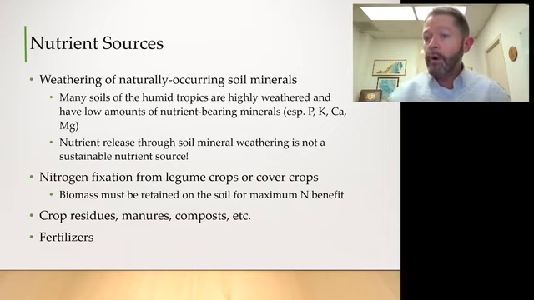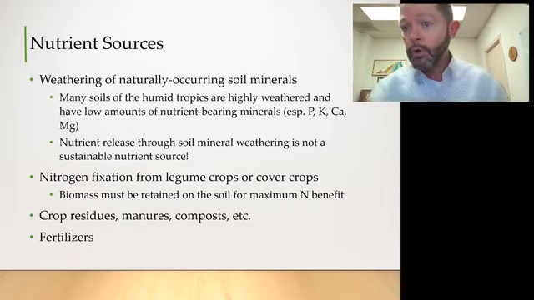Now, in fairness, there are some soils that can, for some nutrients, withstand dozens or even hundreds of years of mining without impacting plant growth, but that's definitely not true for all nutrients. So understanding nutrient removal and the capability of the soil to supply those nutrients is really crucial for understanding soil fertility.